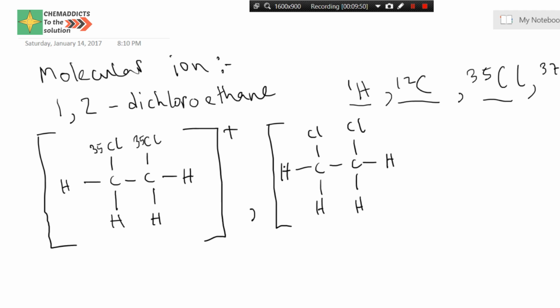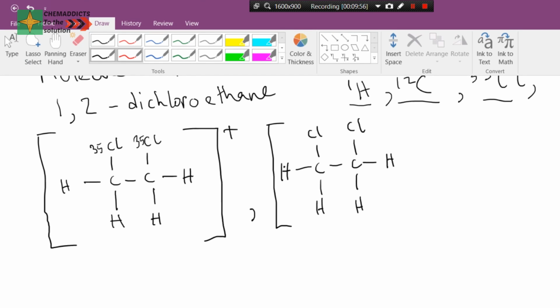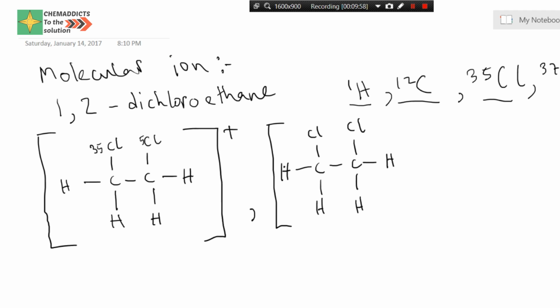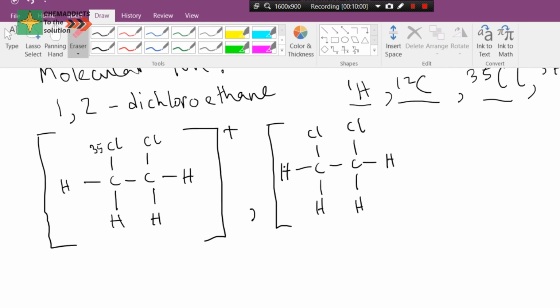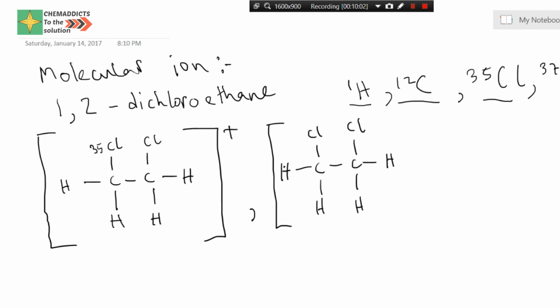So before, we used chlorine 35 and chlorine 35 on this molecular ion.